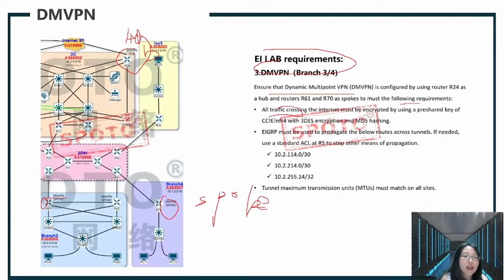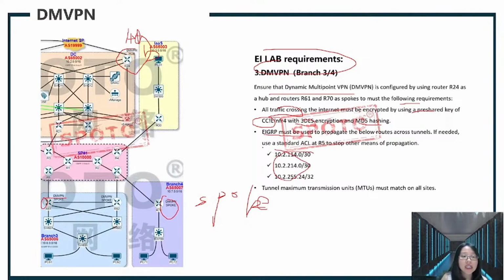All traffic crossing the internet must be encrypted by using a pre-shared key with this encryption and MD5. Okay, so EIGRP must be used to propagate the below route across the tunnel.